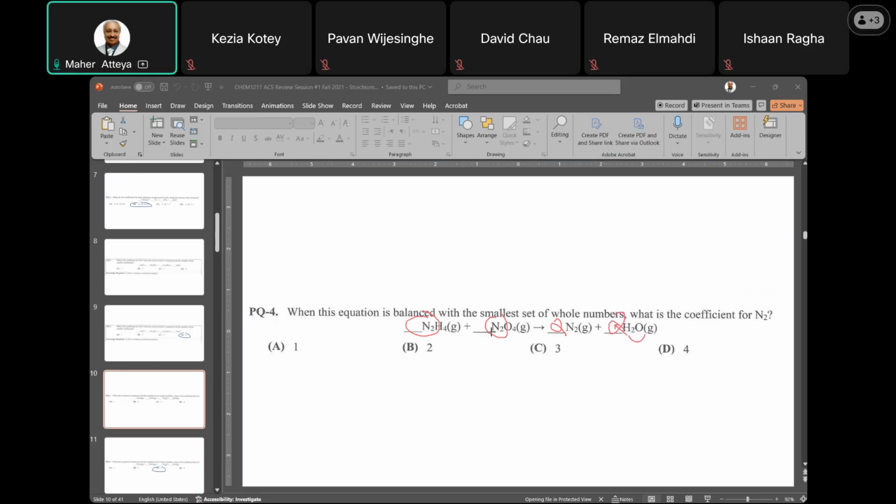So how can I get around balancing the whole thing? Let me clear this one here. So now the problem is with the oxygen. You can balance the nitrogen, you can balance the hydrogen, then you're stuck with the oxygen.